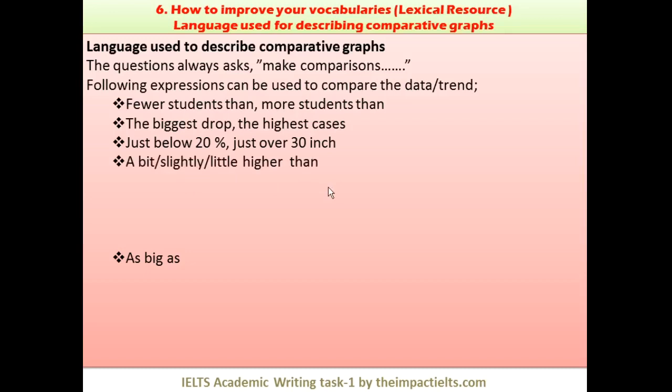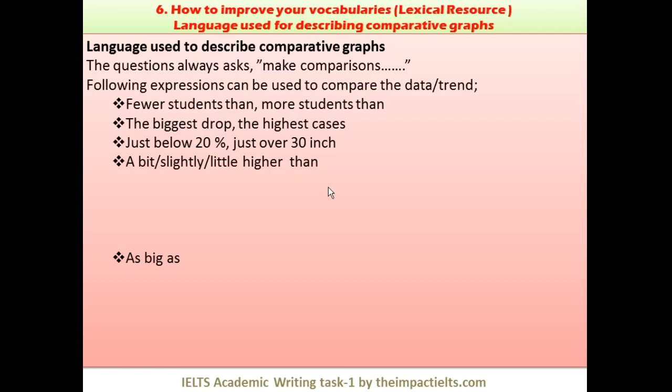Then, and this is important, it will bring variety to your writing. I mentioned the same thing when I was going through the writing part. You can say a bit, slightly, a little higher, or smaller, or bigger.